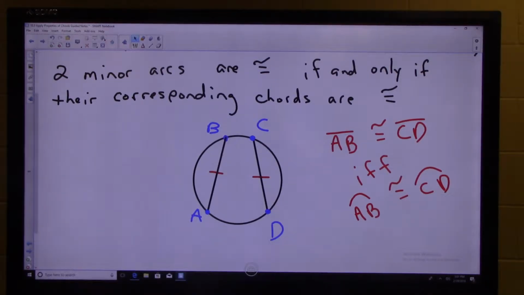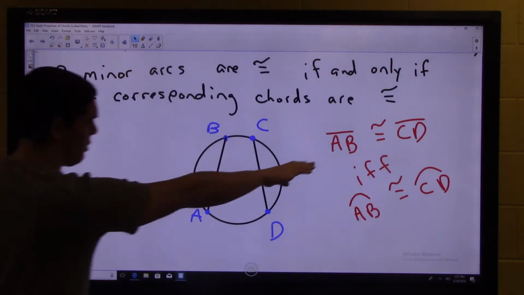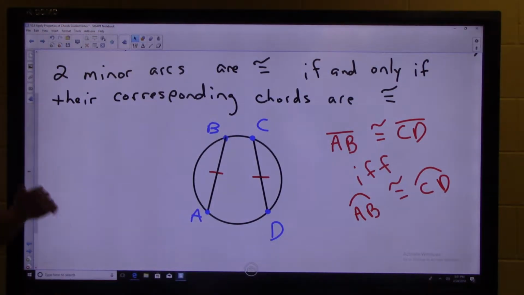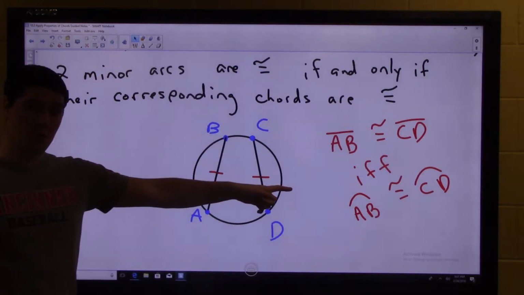So here's a picture of it. It almost looks like a baseball. We've got those 2 chords there. I would make this note on your guided notes as well, so draw this down. It gives us that we have congruent chords.